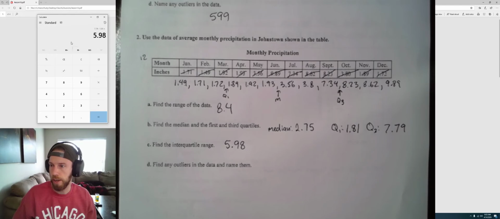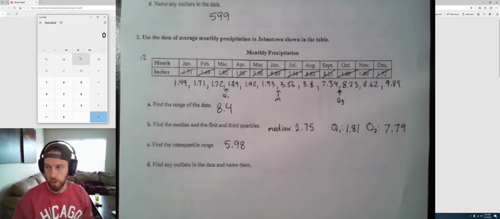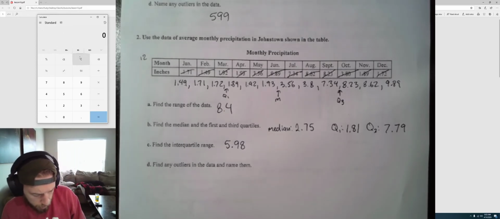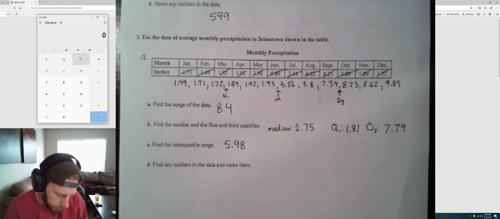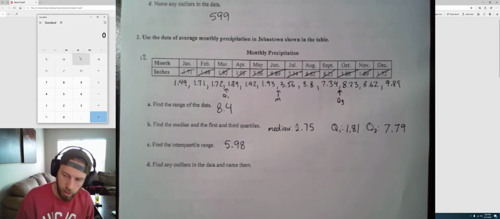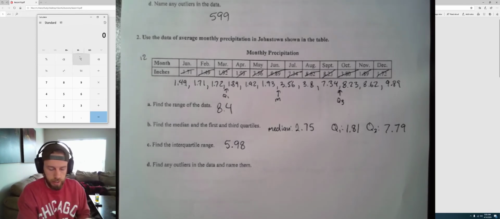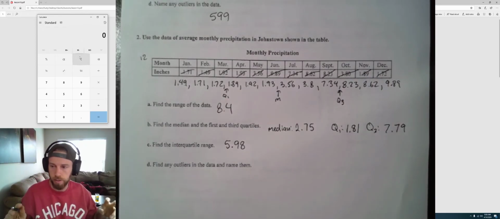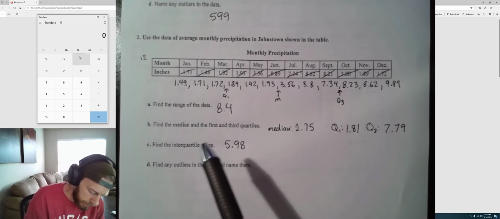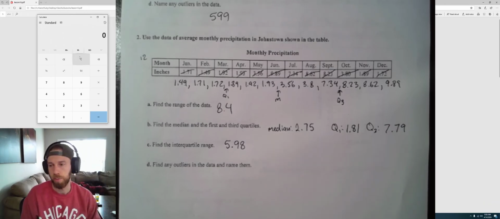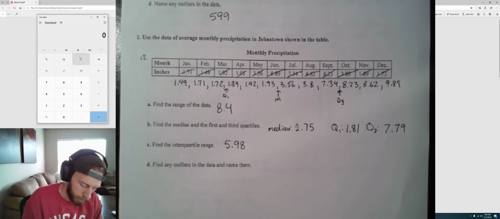And then we're going to look for any outliers in the set of data, any numbers that just don't look like they belong to the rest of them. Technically, earlier in the chapter I had mentioned that I wasn't going to show you guys the exact way to find mathematically an outlier, and that is adding the interquartile range to the median to determine if a number is an outlier or not.